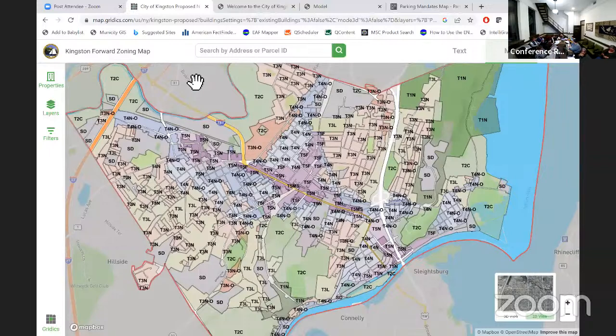Do you have any questions, particularly on the regulating plan, how that compares with our current zoning map, in looking at the transects versus the districts and the areas and how they've been put into the new system?